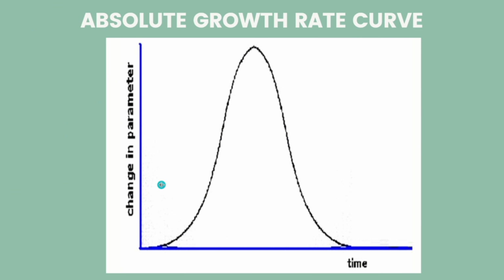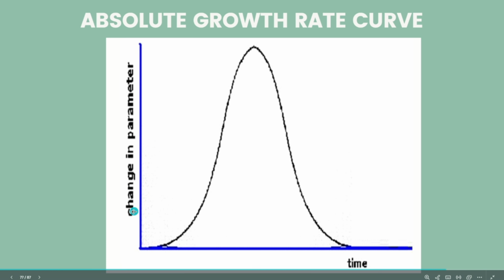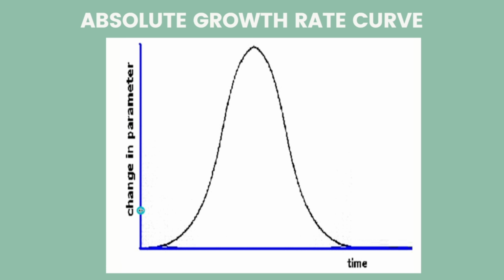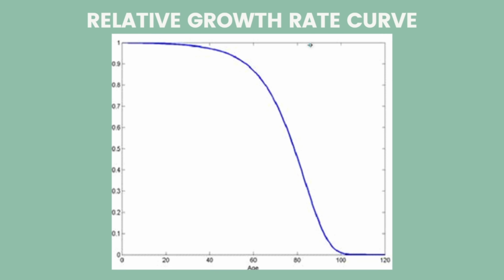For example, maybe you use 3 years minus 2 years. Is there any change or not? The change between the second year and first year, between the third year and second year, between the fourth year and third year, between the fifth year and fourth year, like that. So normally you can see a bell-shaped curve. So this is a growth rate curve.